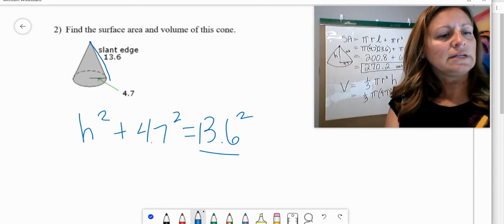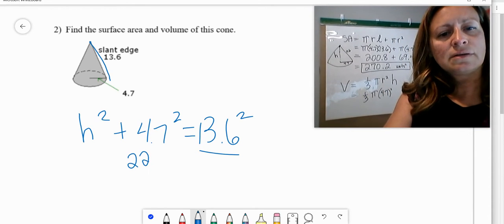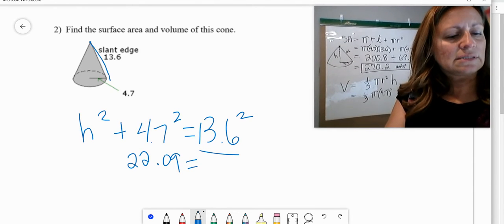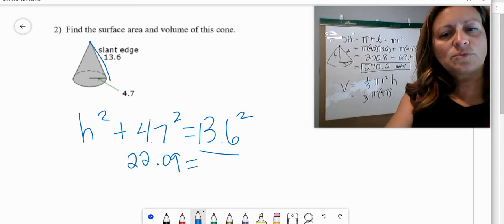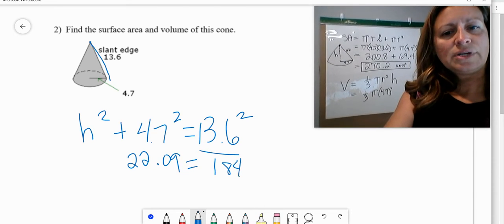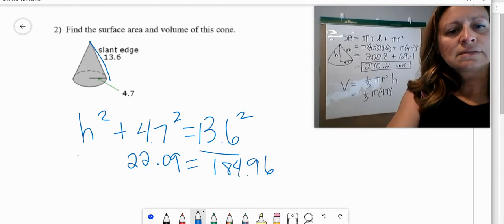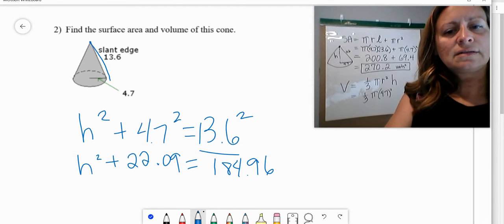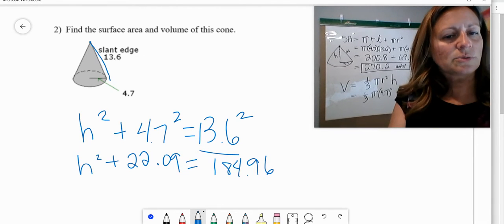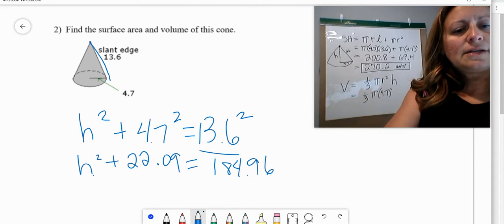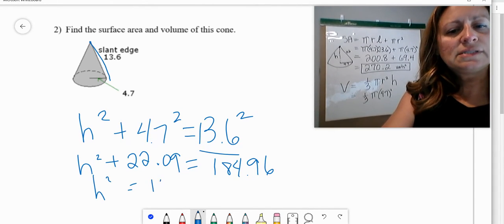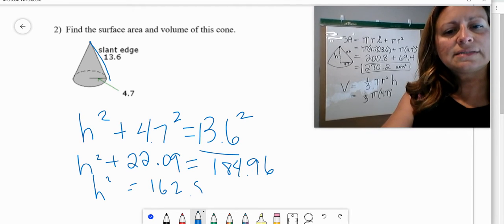So I'm just doing a little calculation. 4.7 squared is 22.09, and 13.6 squared is 184.96. So h squared is going to be, I have to subtract 22.09 from both sides now. And I get h squared equals 162.87.